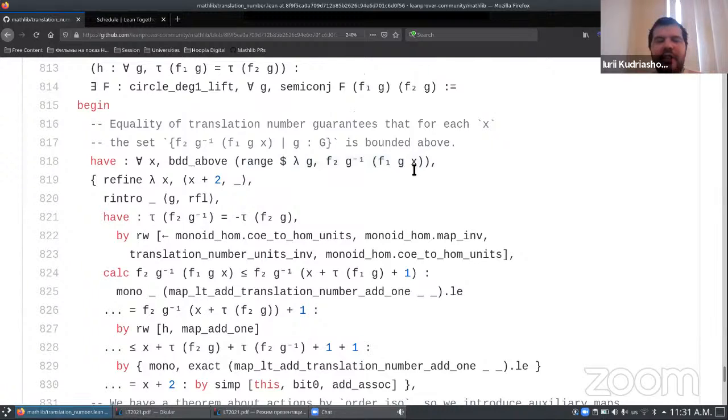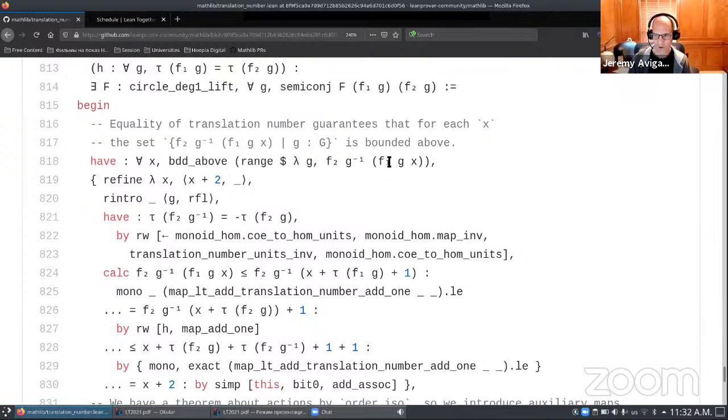And again, as I do with other results, since I prove bounded above, so probably supremum. I prove this for any order isomorphisms, something like that.